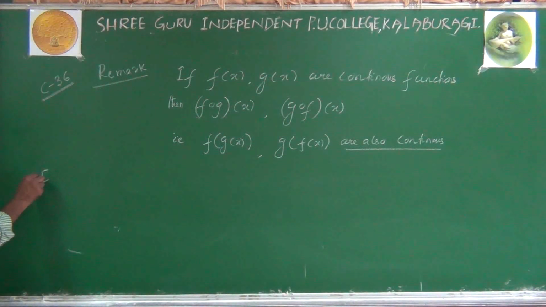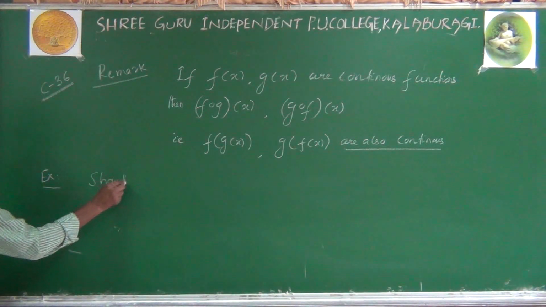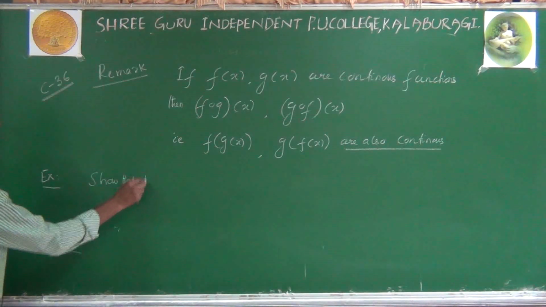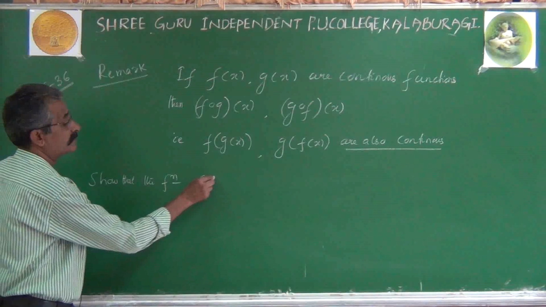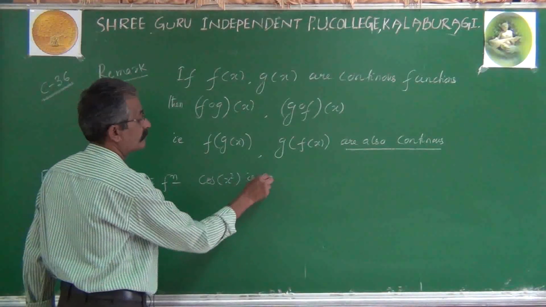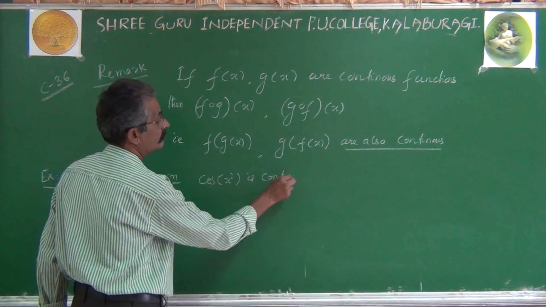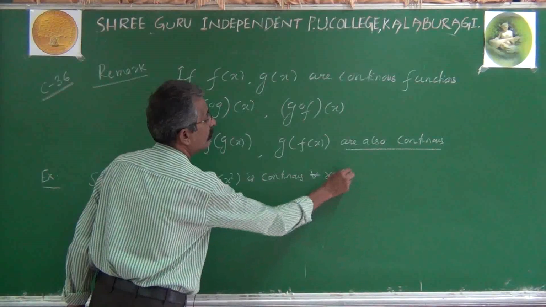You write an example. Show that the function cos of x square is continuous for every x belonging to real numbers.